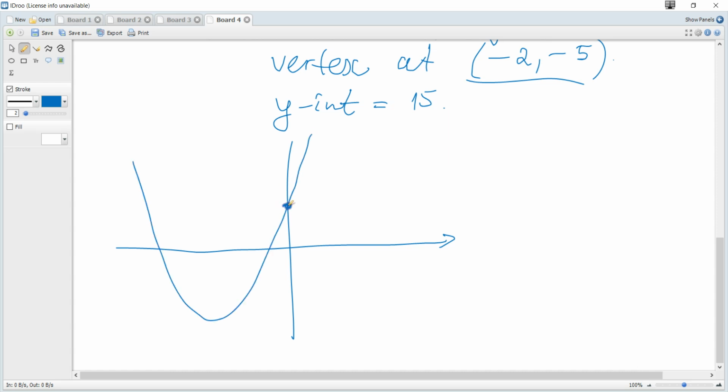So it's something like this: 15, it's negative 3, negative 1, and it's negative 2, negative 5.